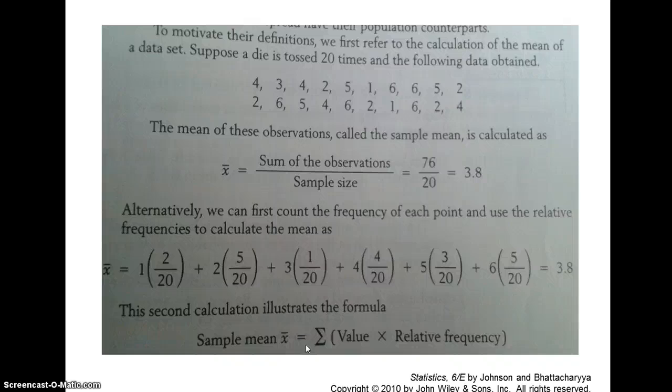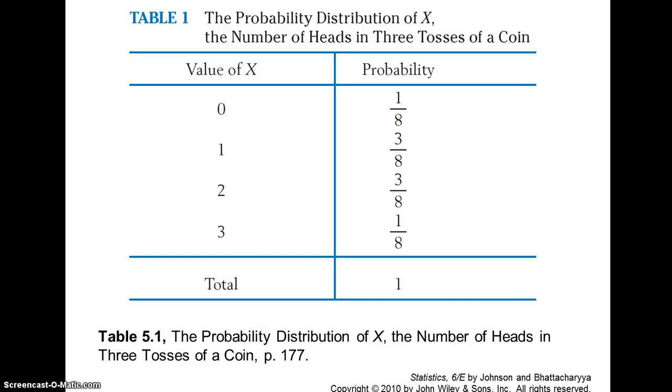So in this case, if we look at the number of heads in 3 tosses before, for 0 heads, we know the probability is 1/8, and for 1, it's 3/8. Because when we toss the coin, we have the number of heads.